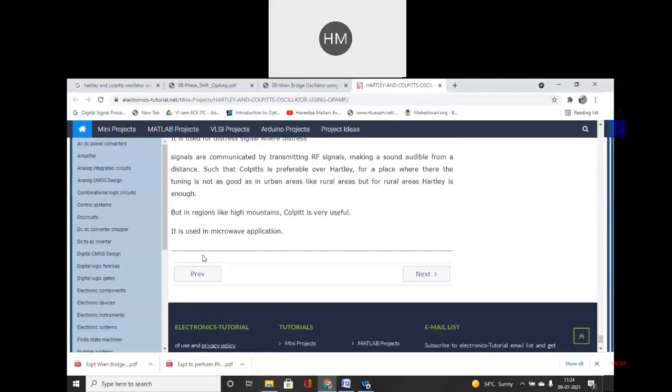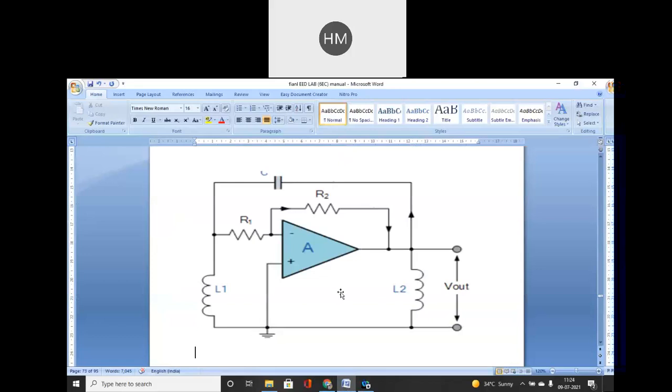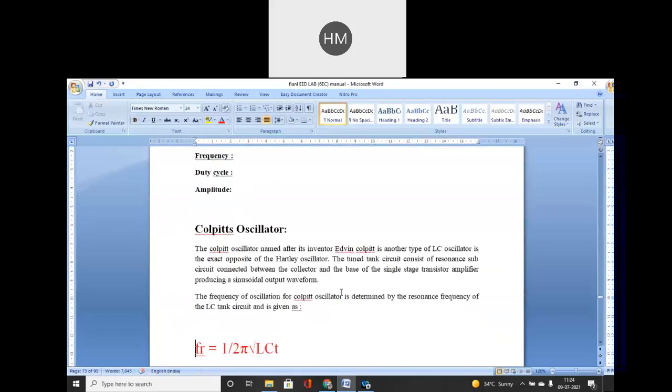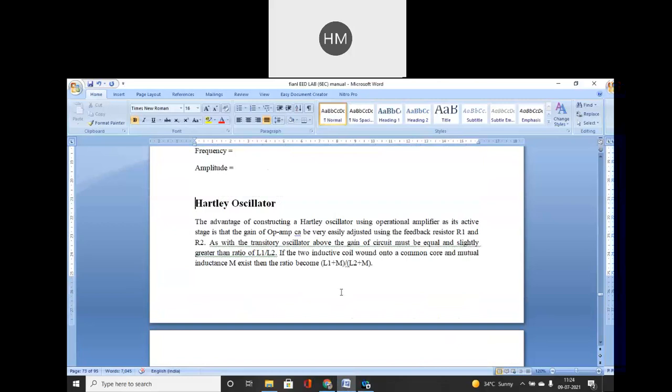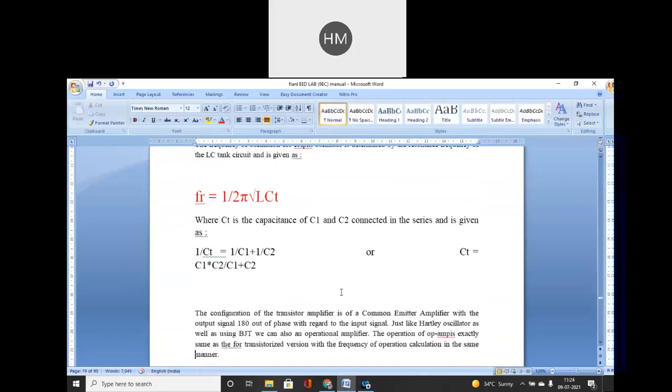and observe the output frequency. And I will show you the result. This is the circuit. This is the formula. FR is equal to 1 upon 2 pi under root LC. In the Colpitts oscillator, you will have the CT combination, and in your Hartley oscillator, you will have a combination of LT. We know L and C. We have to find out FR.